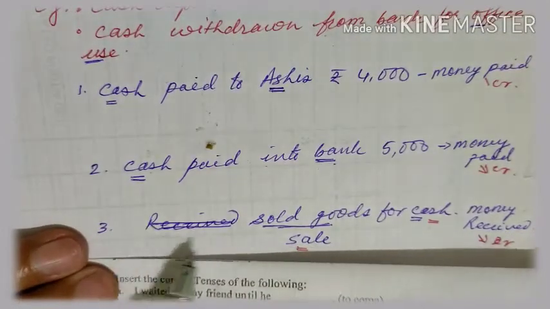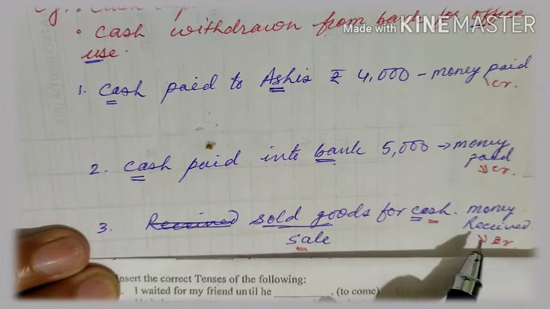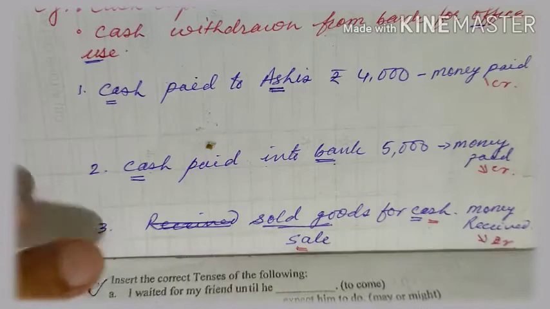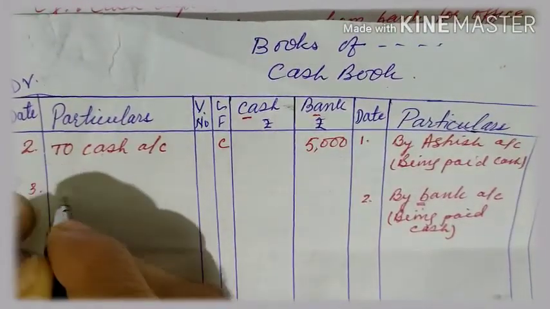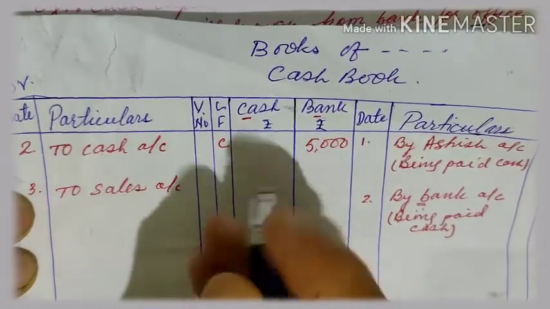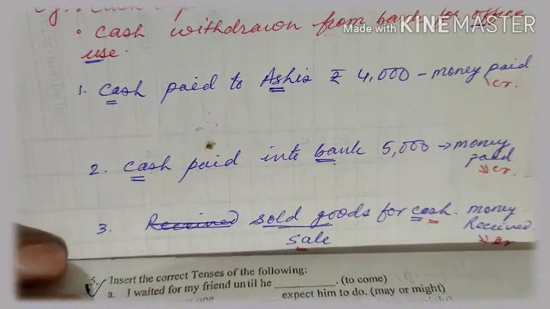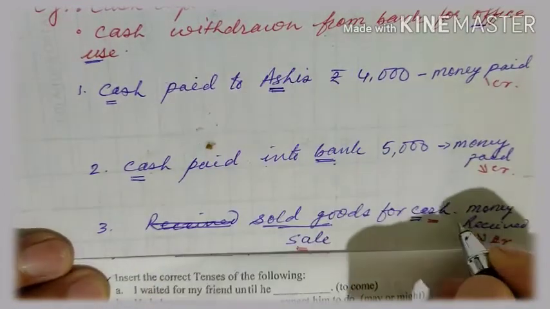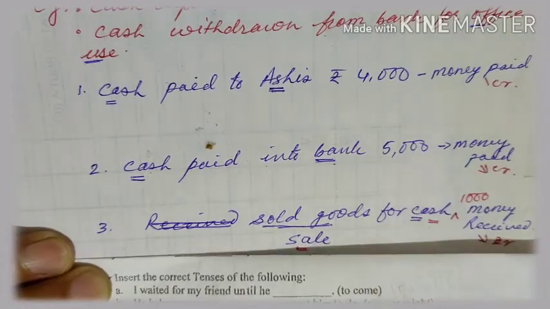Okay, say number 3 entry. Number 3 is sold goods. This is money received. So we'll make the entry on the debit side. Money is received because of sale. So we'll write down sales account. Number 3, to sales account. This is not contra, so no need to write anything here. Whatever the amount, supposing here the amount is not given, so say the amount here is 1,000.